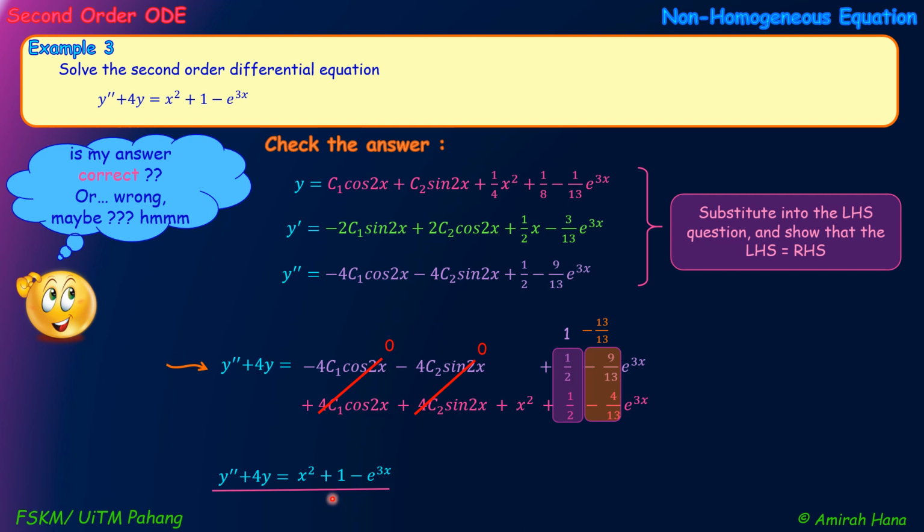So from here, y double prime plus 4y equals x squared plus 1 minus e to the power of 3x. When we compare with the original question, it is exactly the same. Okay, so it means that we show that the left hand side equals the right hand side. It means the final answer that we got from the previous slide is correct.